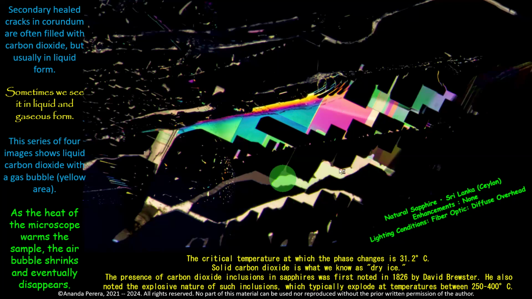It shows a nice picture and the presence of carbon dioxide inclusions in sapphires. Here, carbon dioxide inclusions were first noted in 1826 by David Brewster.